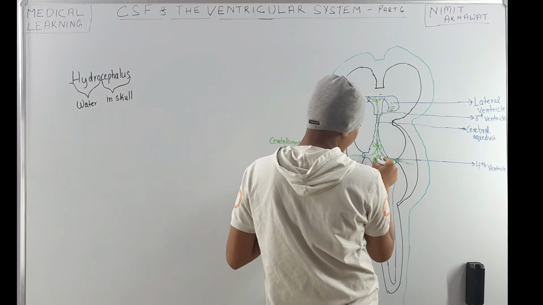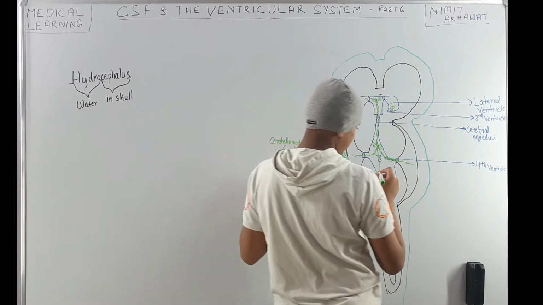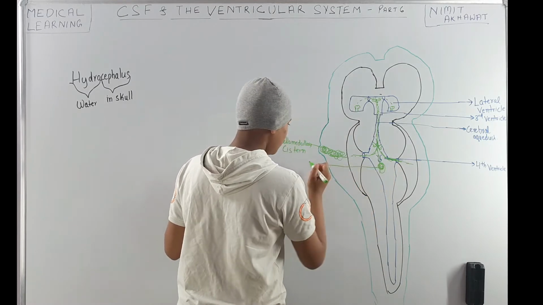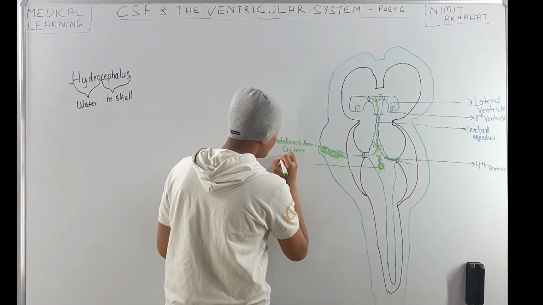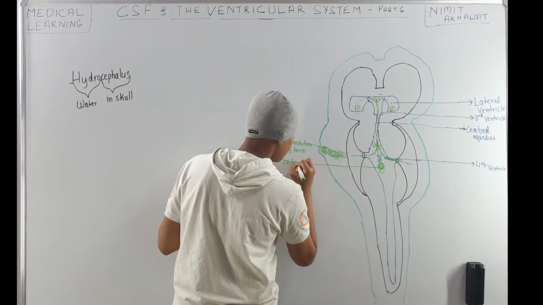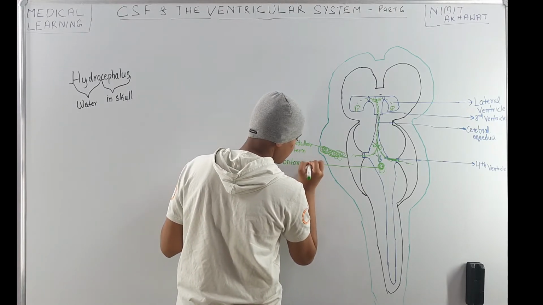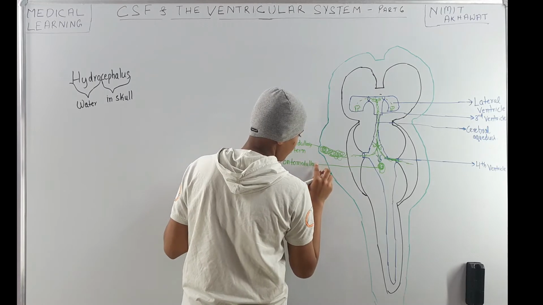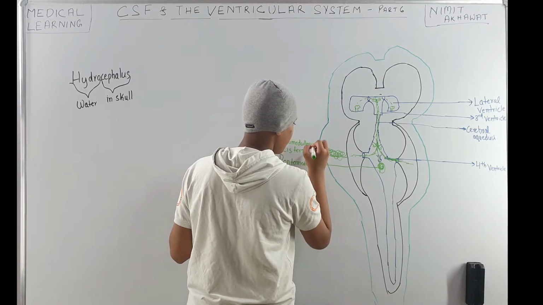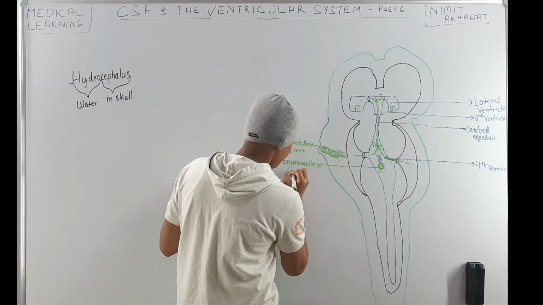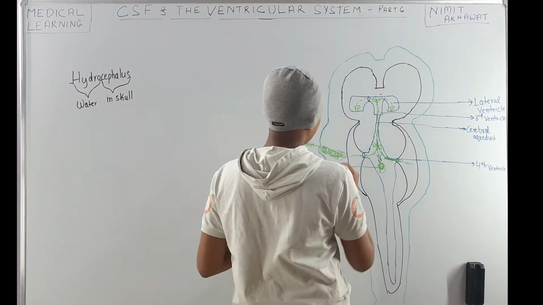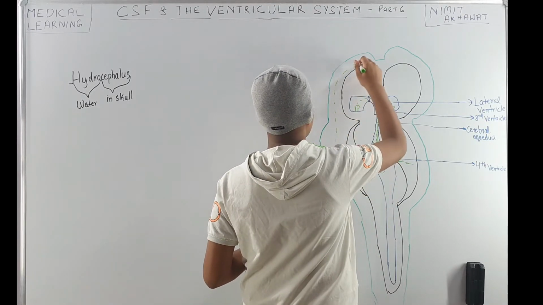At the opening of the foramen of Magendie, a lot of CSF is collected, and this is called the pontomedullary cistern. Cerebrospinal fluid is circulated in the subarachnoid area.